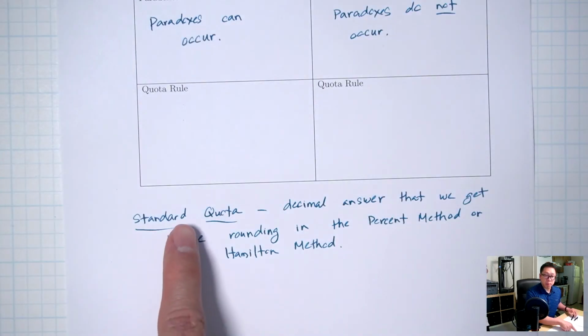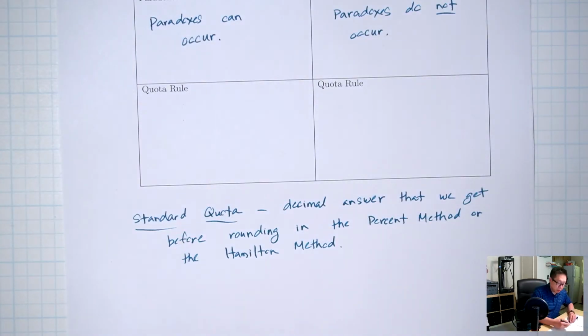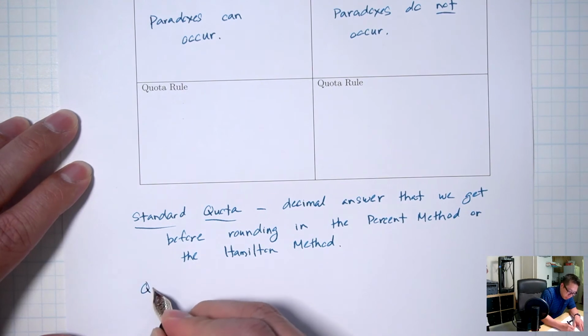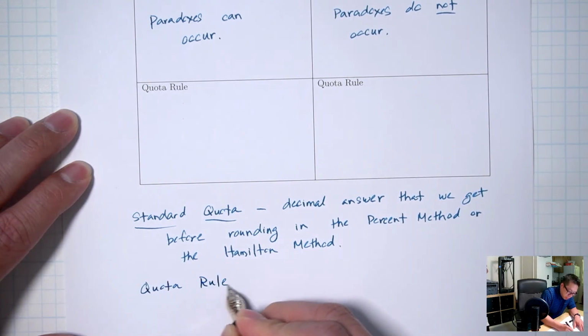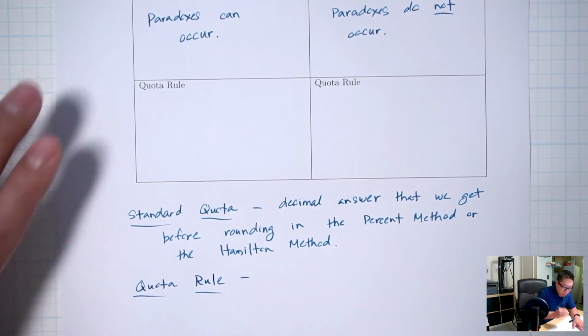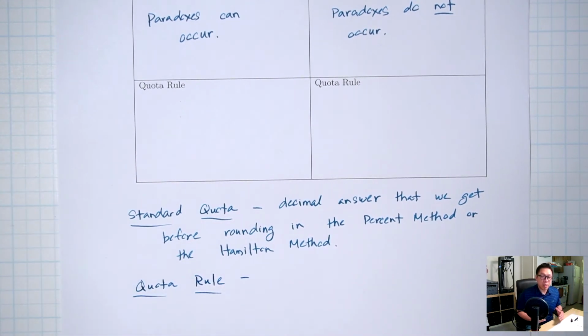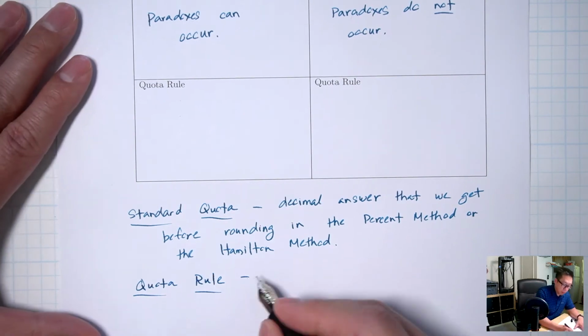So that's the standard quota. Now the quota rule says that the number of representatives each state gets should be within one of the standard quota.